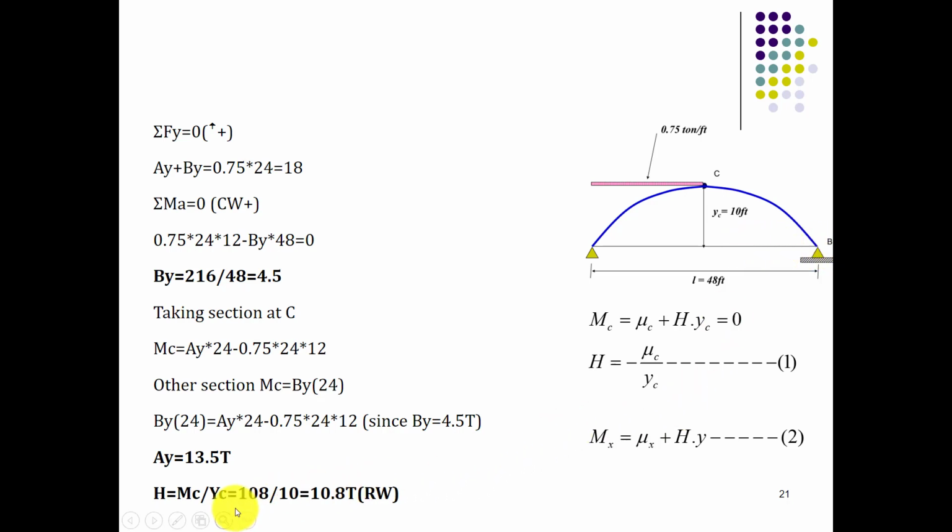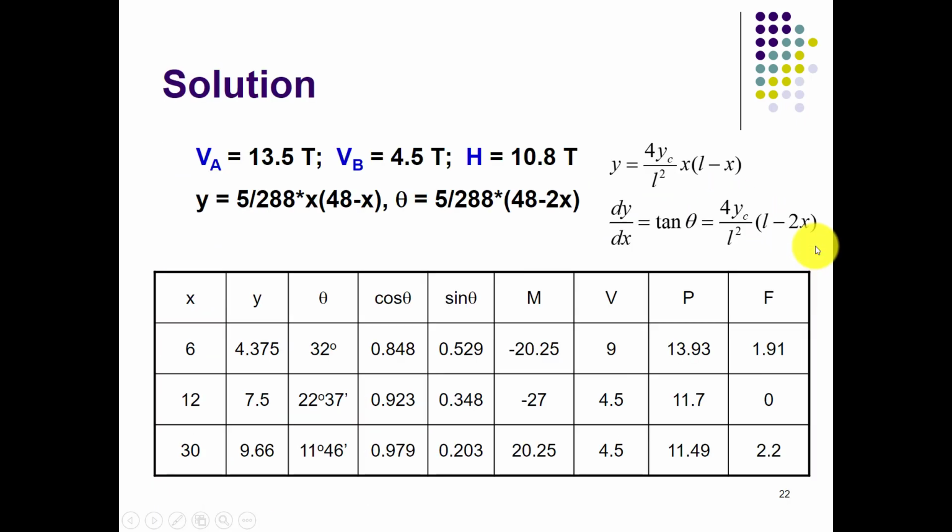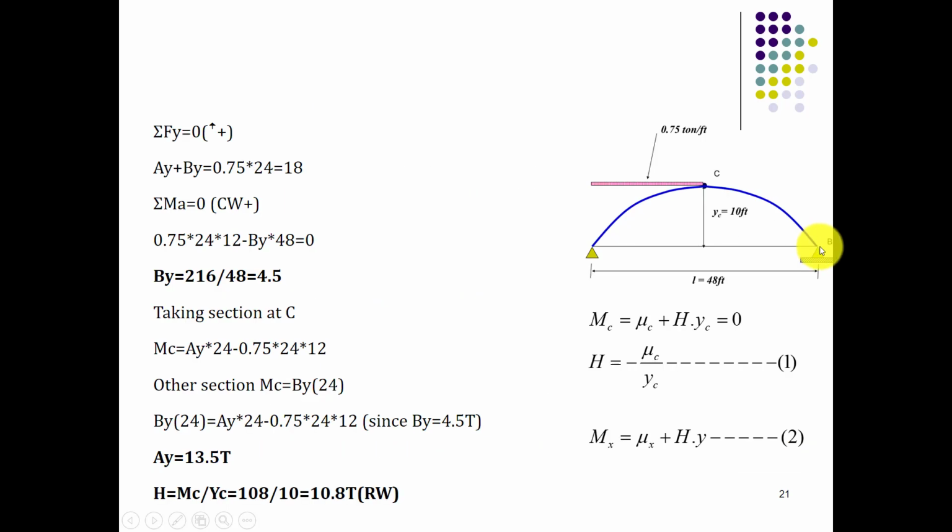So you can take the moment at point C, or you can take the moment at point B for the calculation of a horizontal upward thrust while taking this as a section.